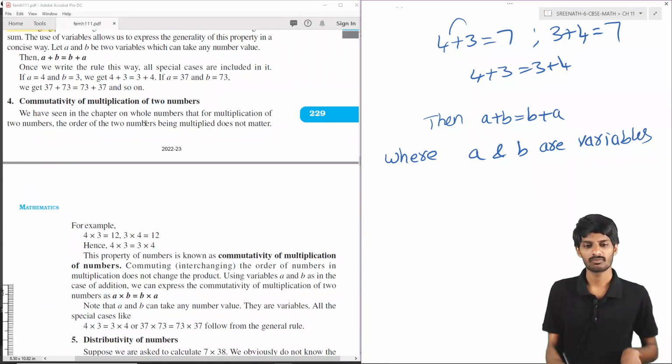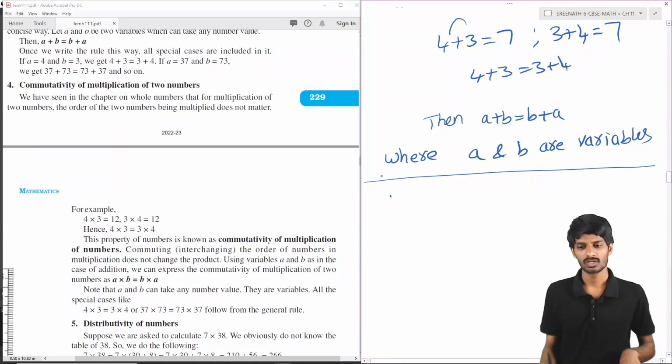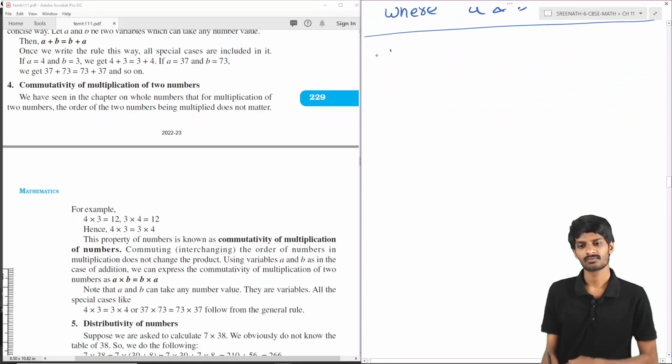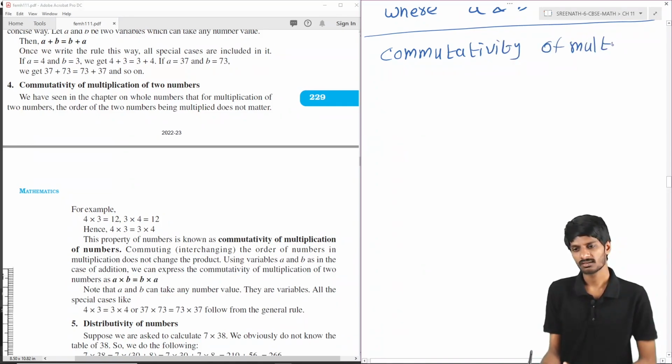Next thing is commutativity of multiplication of two numbers.